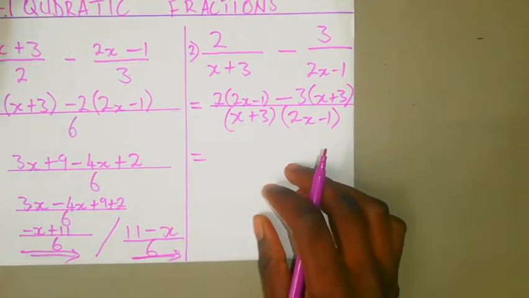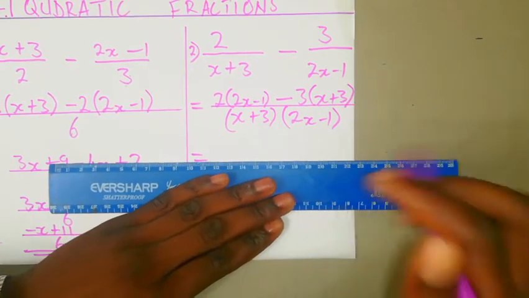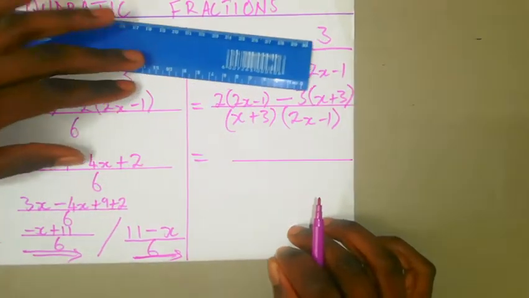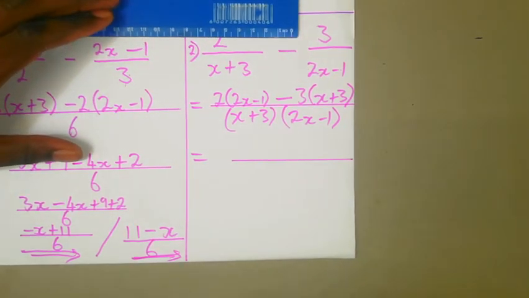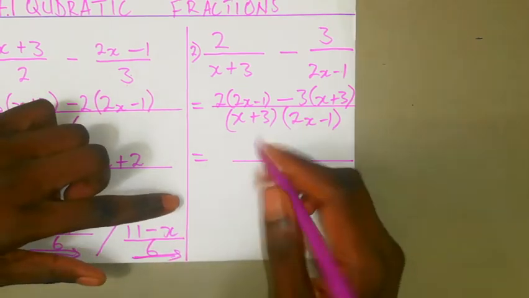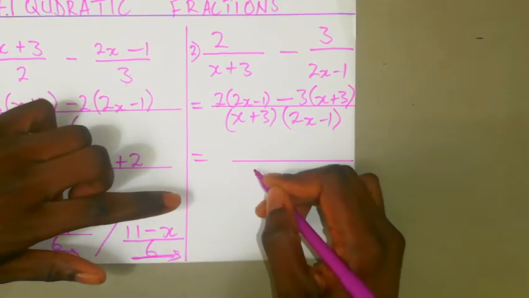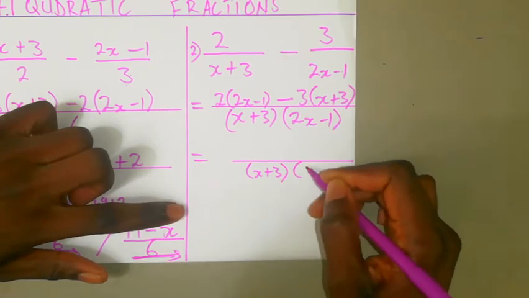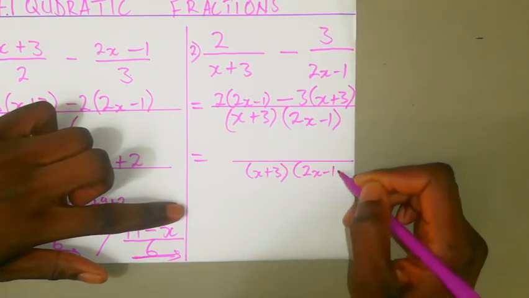Since the question said express, I'm going to continue throughout with my denominator. So I'm going to put down my common denominator, x plus 3, 2x minus 1.